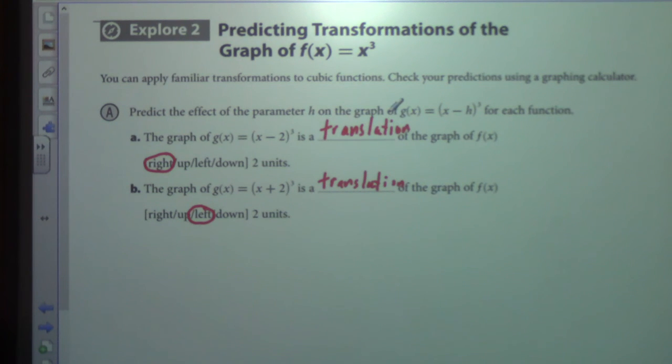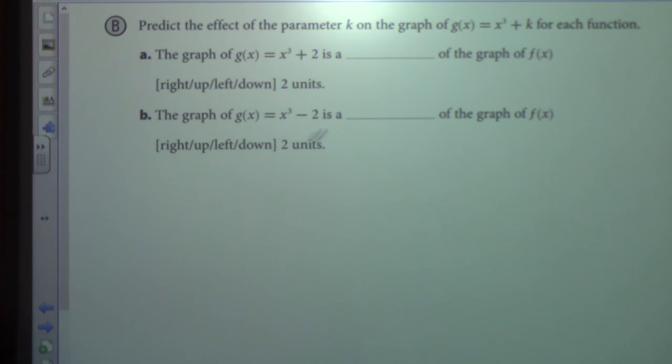Okay, now we're going to look at the k. And here's a k right here. The graph of f of x equals x cubed plus 2 is a what of the graph of f of x? What does a k do? That's what it's asking. What do we call this?